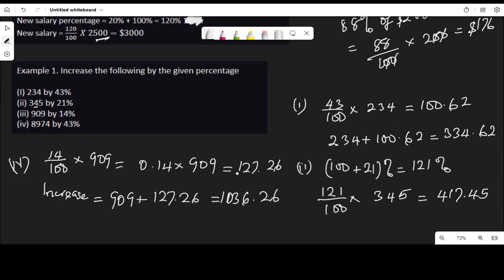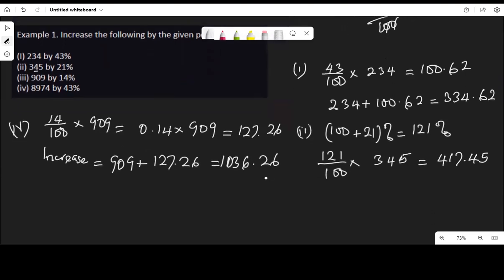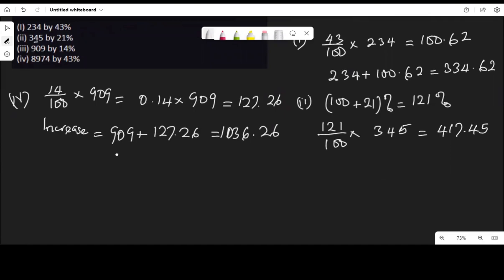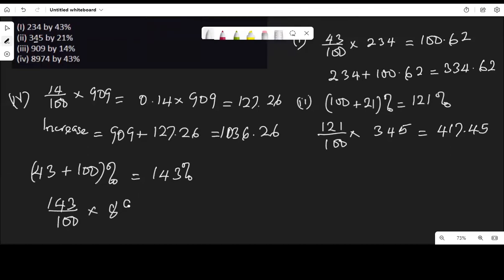Lastly, have 8,974 by 43%. So here I'm going to add 43% to 100 first, which gives me 143%. And 143% of 8,974 will be 143 over 100 times 8,974.